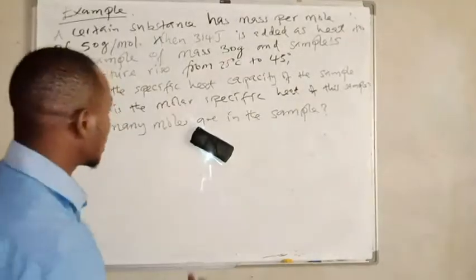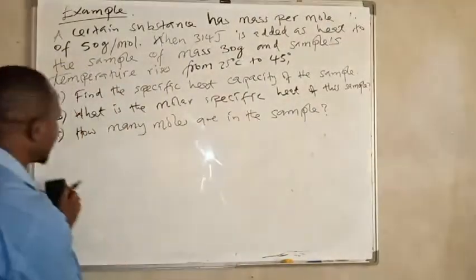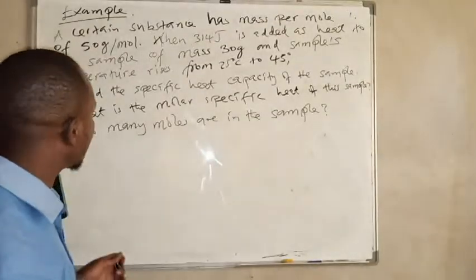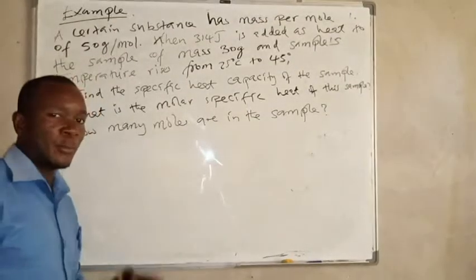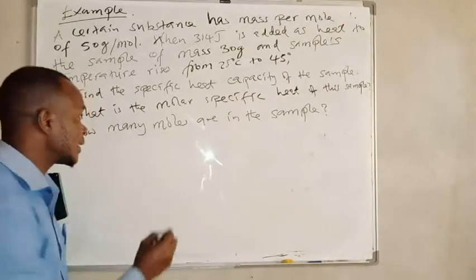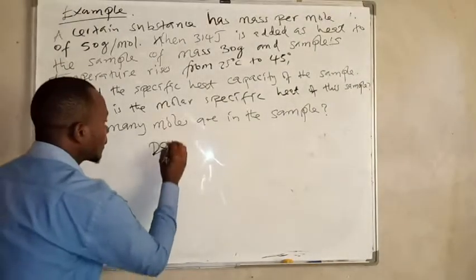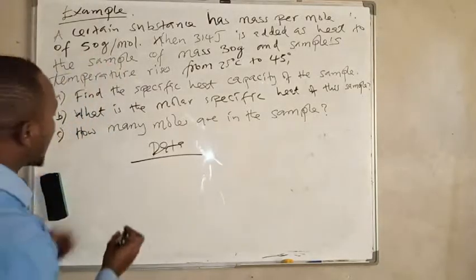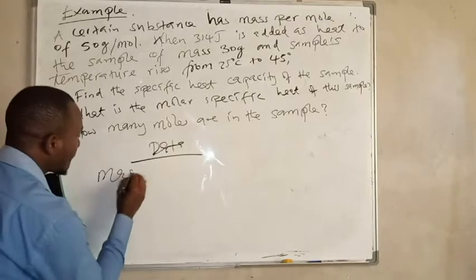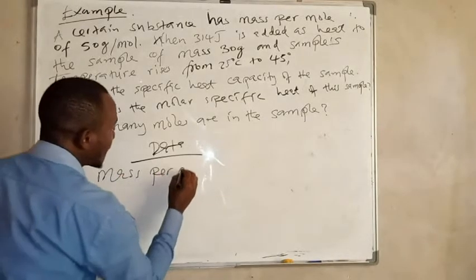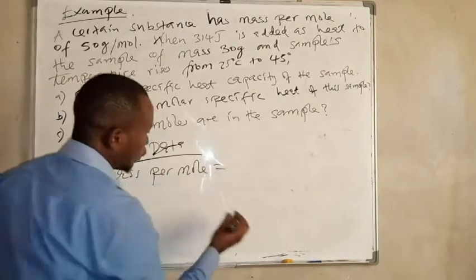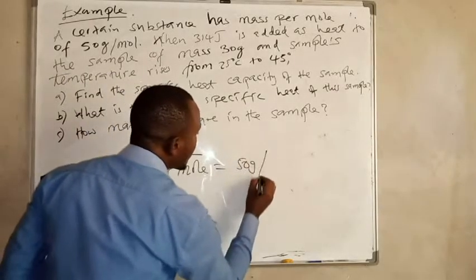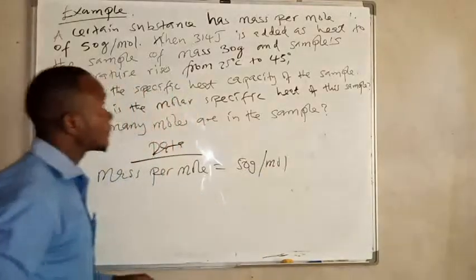So this is how we are going to proceed. In order for us to work out a problem well, we need to come up with the data. So we first collect the data. We have been given mass per mole, which is 50 grams per mole.